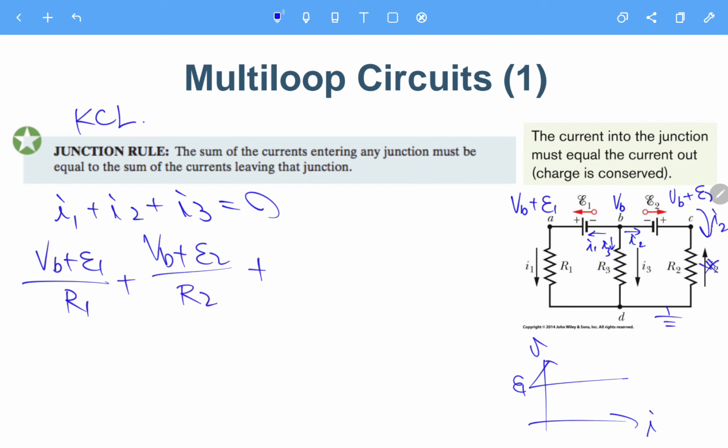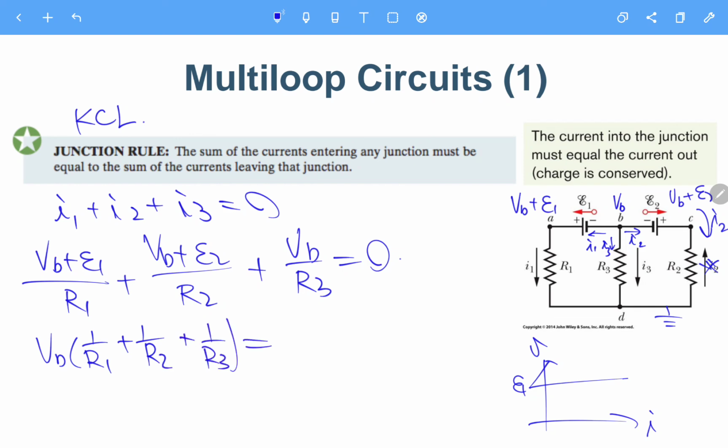And then for I3, this is VB, this is ground, so this current is VB over R3. Now we can just collect all the terms: VB times 1 over R1 plus 1 over R2 plus 1 over R3 equals negative E1 over R1 plus E2 over R2.